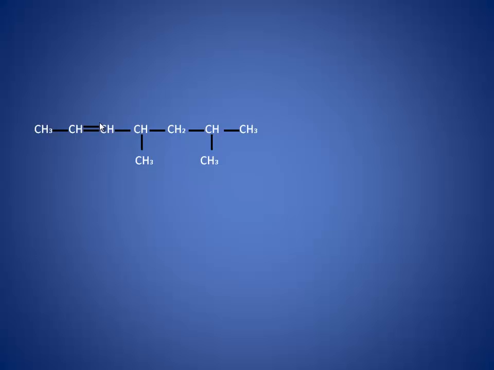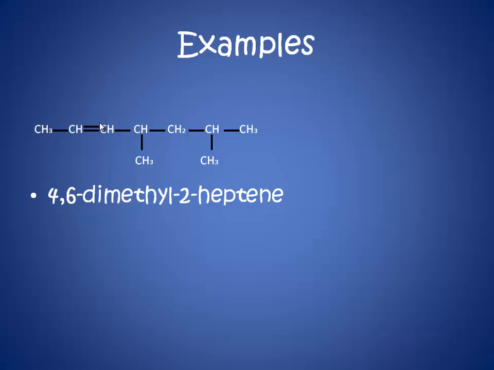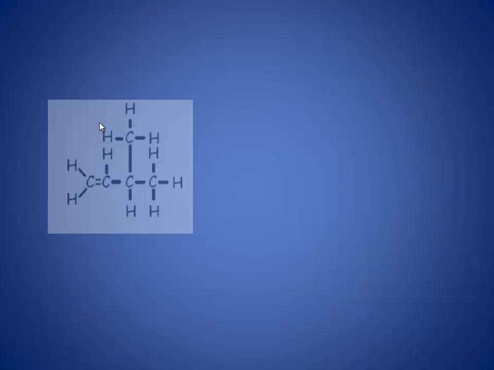And well, the name of this compound is 4,6-dimethyl-2-heptene. 4,6 are the places in which the methyls are, and 2 because it is the smallest number in which the double bond is, and hept because it has 7 carbons in the longest chain, and ene because it's an alkene because of the double bond.